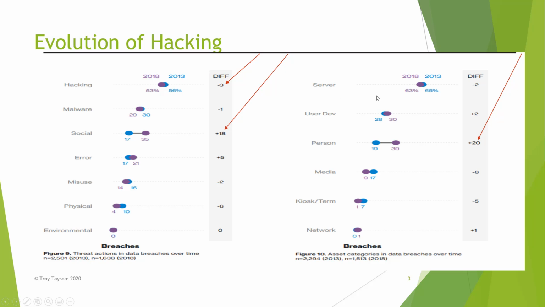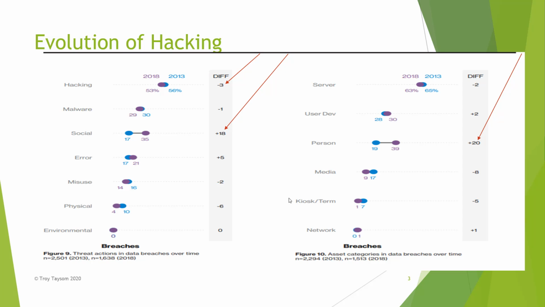So over here in 2013, you saw they were going after servers pretty hard, and that's dropped off a little bit. User development, going after a person, going after media, going after a kiosk, going after a network. So it kind of shows you a little bit about the different things that are happening.